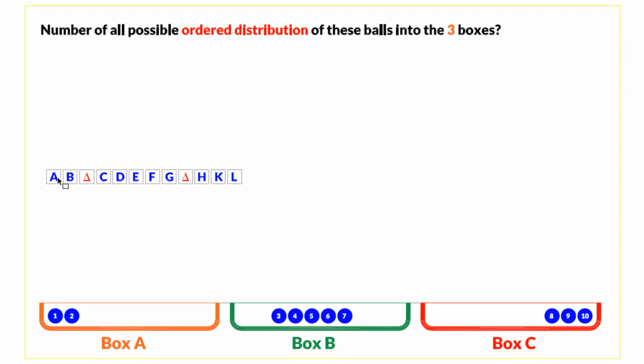So how many symbols or how many objects do we have? We have 12, and we have 2 identical objects in it.